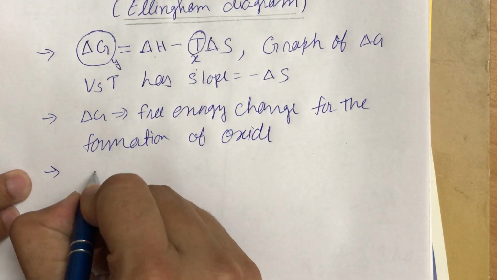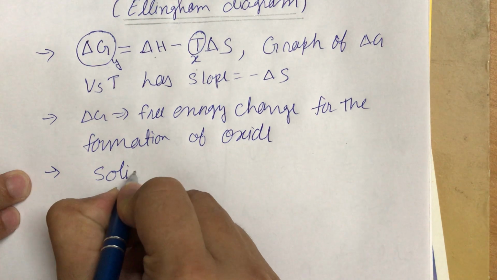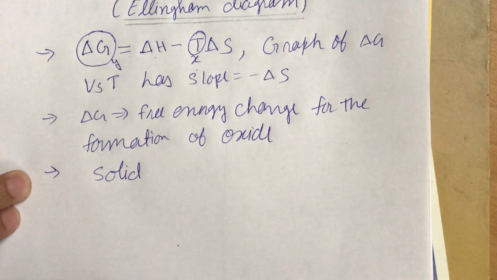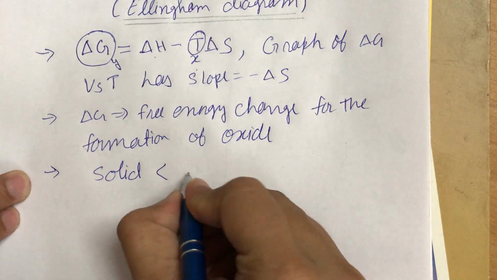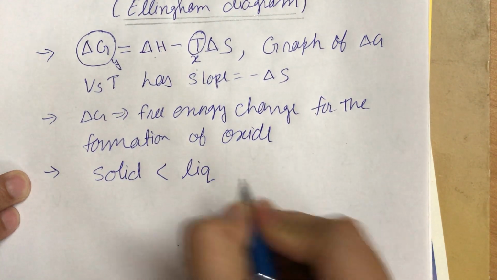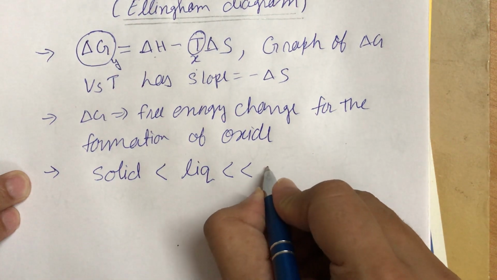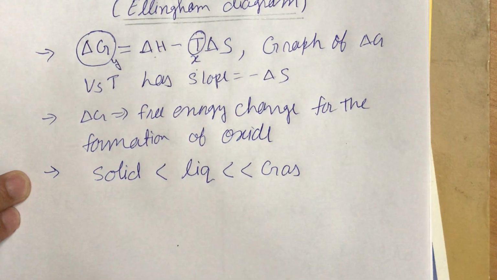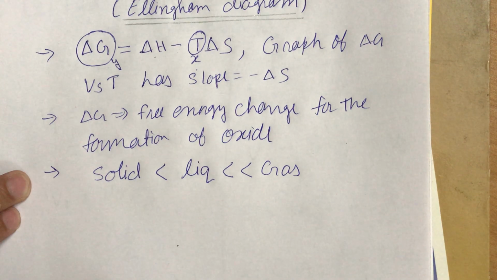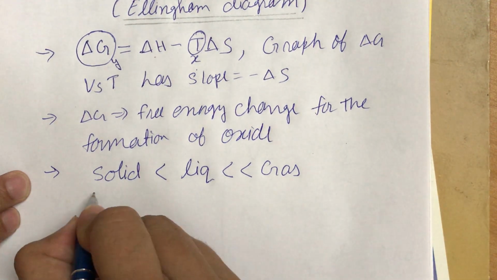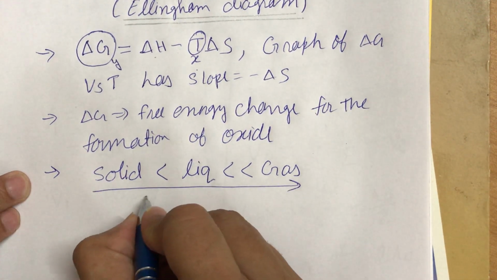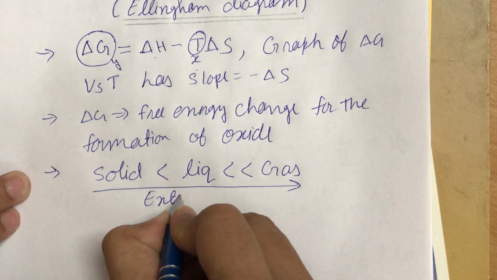In the case of a solid, the degree of randomness is very less, hence its entropy is very less. A liquid has more randomness in comparison to a solid, but the gaseous phase has a very large degree of randomness in comparison to both solid and liquid. So the entropy of gases is very large, and entropy increases in this manner.